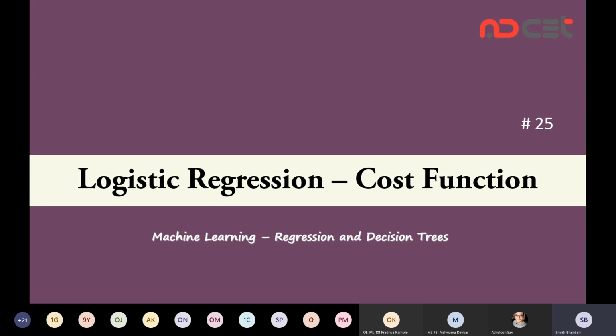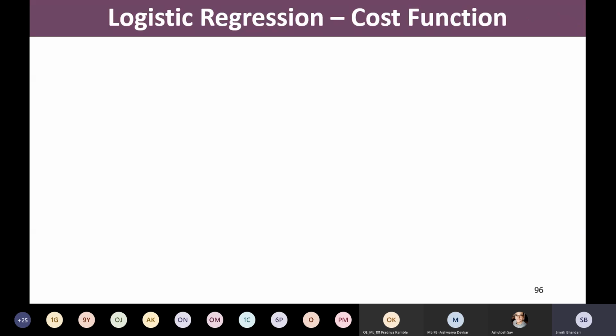Logistic regression is a kind of classification algorithm, and the most important point to be noted is that logistic regression has the sigmoid function as the hypothesis. And we started discussing how to define the cost function for logistic regression.